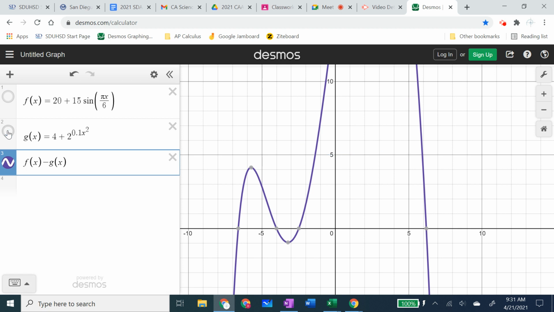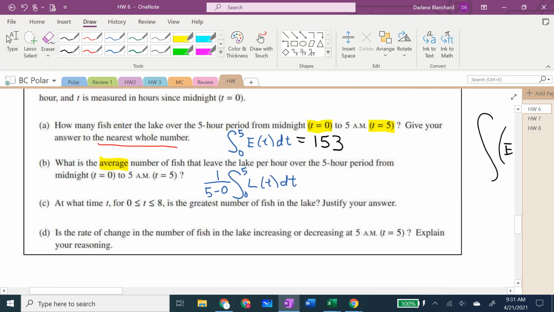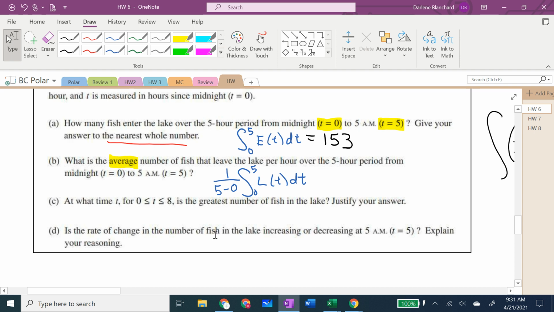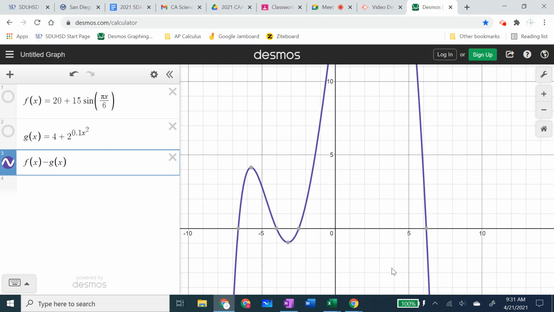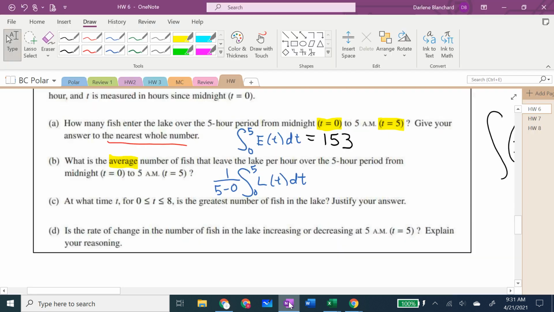I'm going to deselect these two, and then I want to remember that it gave me an interval from 0 to 8. So going back to my calculator, between 0 and 8, I have one solution, 6.204, is the time.